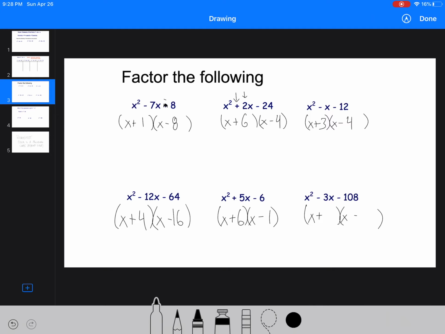What is this? We're 3 digits apart. So, we've got to be pretty big. 10 and 10. So, 108 divided by 8. 108 divided by 9. There we go. 9 and 12. So, like that.